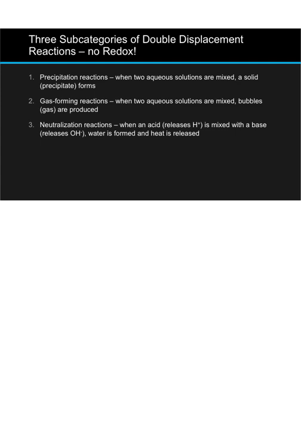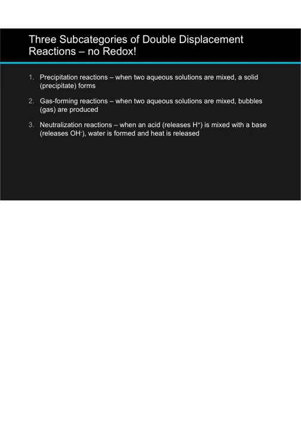These 3 subcategories of double displacement reactions occur when, after mixing solutions together, a solid material forms. We call a solid material a precipitate, and solids forming by mixing aqueous solutions together are examples of precipitation reactions, which are double displacement reactions that form a solid.